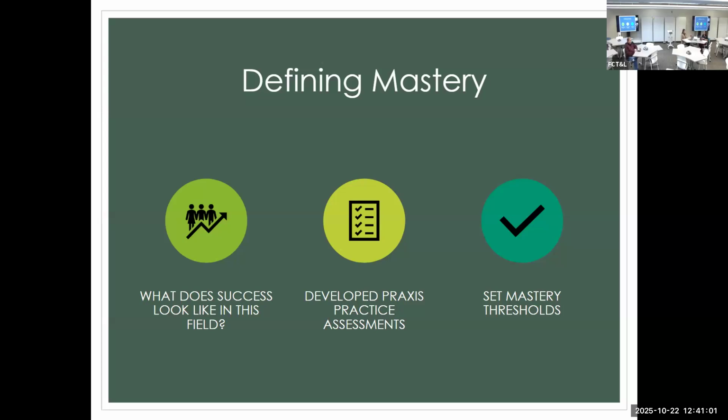Once we developed those practice assessments, which is a lot, we then, as I mentioned before, had to set those mastery thresholds. What did it look like in that initial assessment, and also when we were asking them to do it at the end?